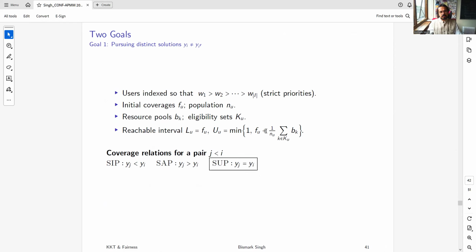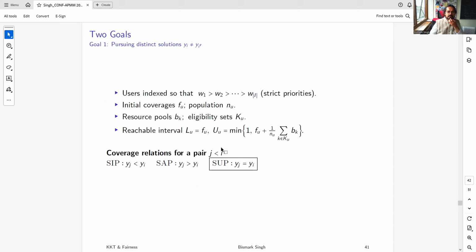Then 3 things could happen. You could have an inappropriate priority, but now we add these S in front of these priorities to reflect the notion of strict priority. So you could have a strict inappropriate priority, or you could have a strict appropriate priority.